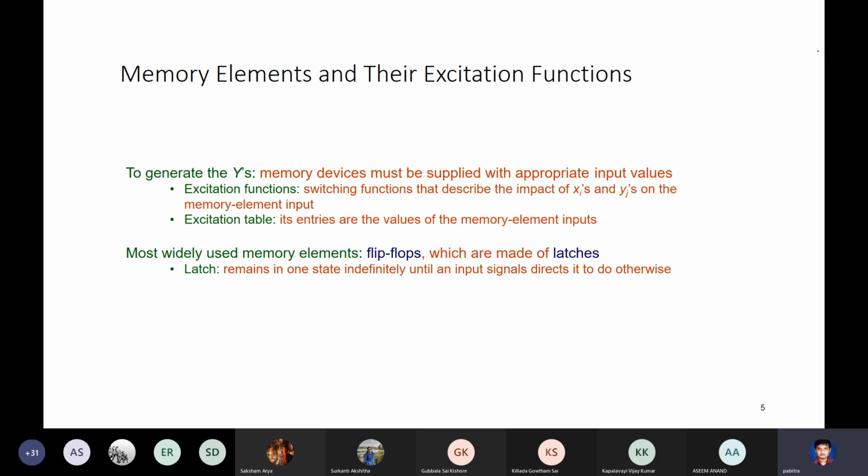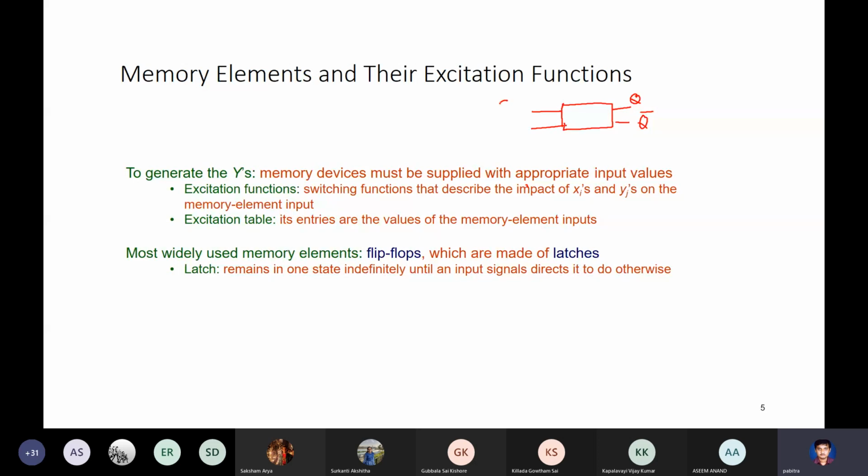So when we are analyzing these different types of flip-flops and latches, there are three things we study. The situation is like this: you have the standard block, you have an output, and you have some inputs.